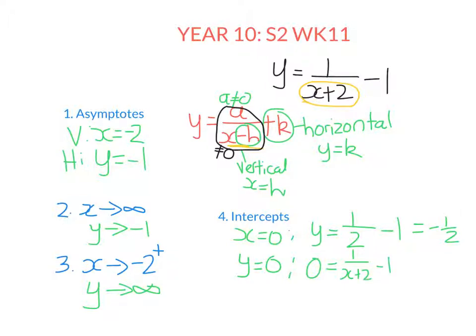So I'll add 1 to both sides, and then I'm going to multiply each side by the denominator of this fraction. I'm going to multiply each side by x plus 2. So I get x plus 2 is equal to 1. Of course, now I just subtract 2 from both sides to get x is equal to minus 1. So the y-intercept is minus a half, the x-intercept is minus 1.